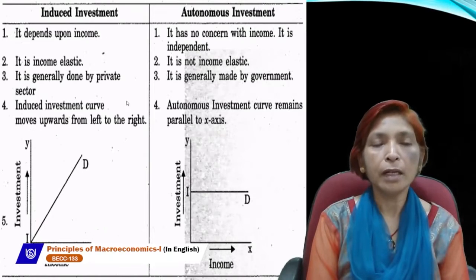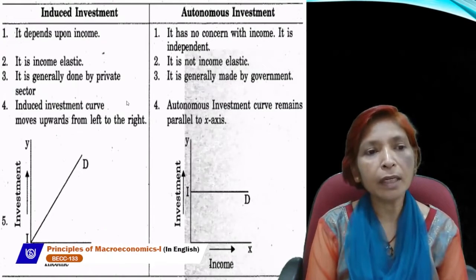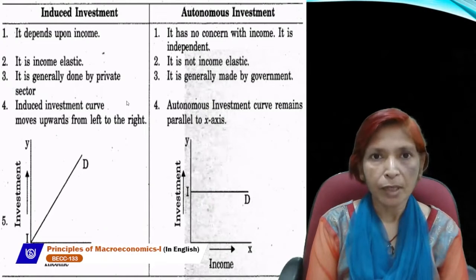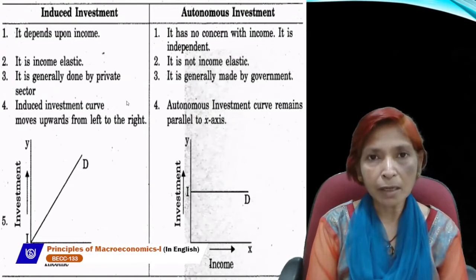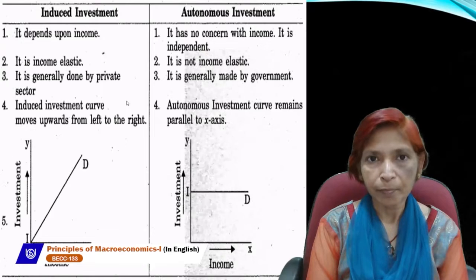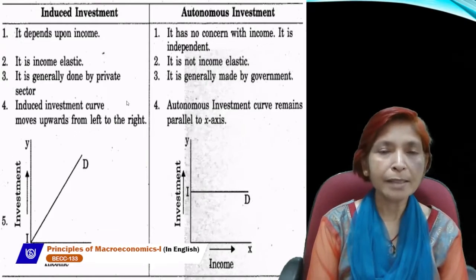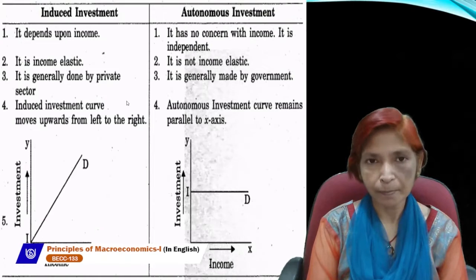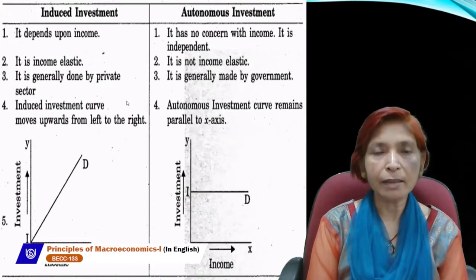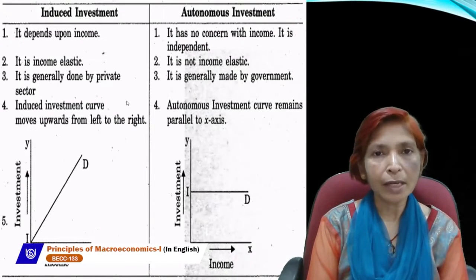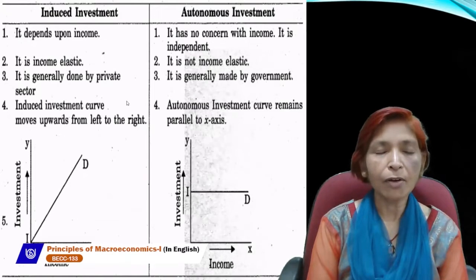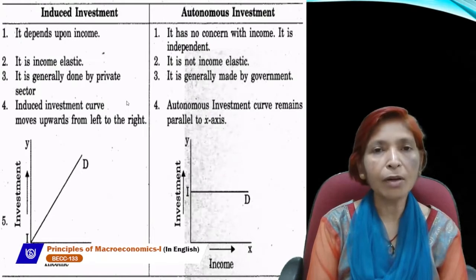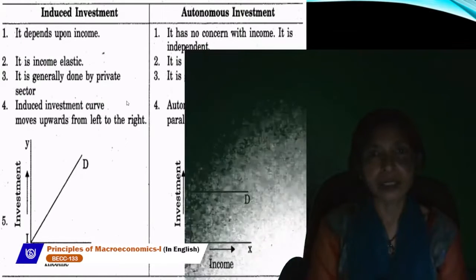Induced investment is generally made by private entrepreneurs because our economy is a mixed economy, and here the public sector and private sector coexist. When the private sector invests money for the sake of profit, that is called induced investment.